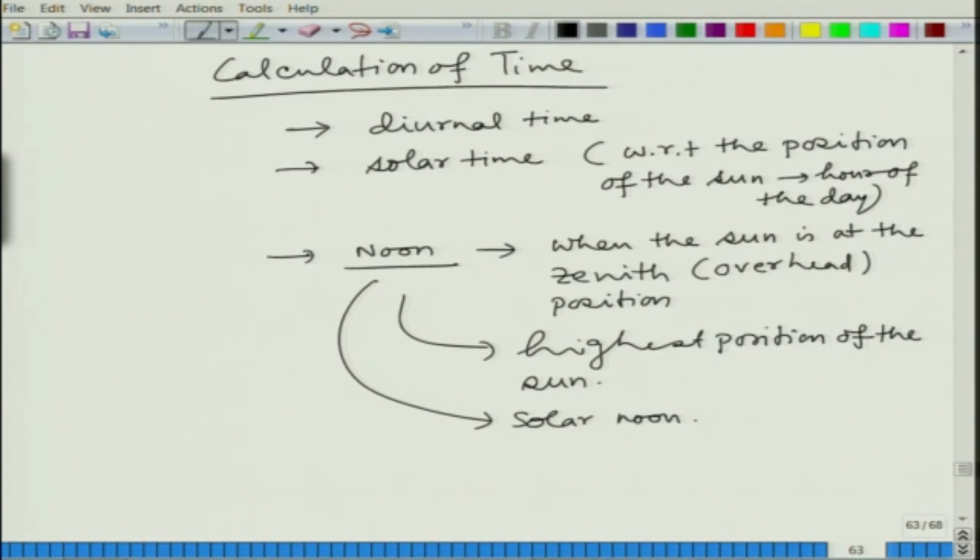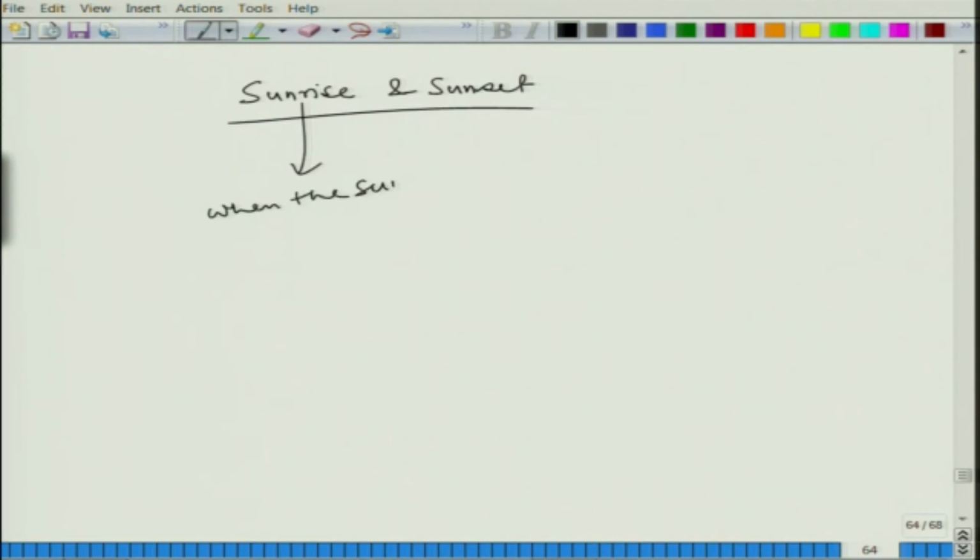The other fixed points are the sunrise and sunset. Okay. How do we define that? Sunrise is when the sun is at the eastern horizon, right.